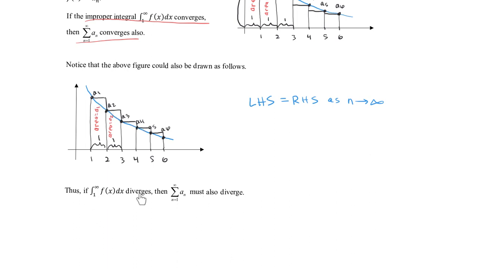So if this diverges, this diverges. So we're basically seeing that these diverge or converge together. They're going to do the same thing. They're sort of locked in. And it's because these inputs to this series, when you have these inputs, the outputs ride along the function. So they go together. So this is the basic idea of the integral test.